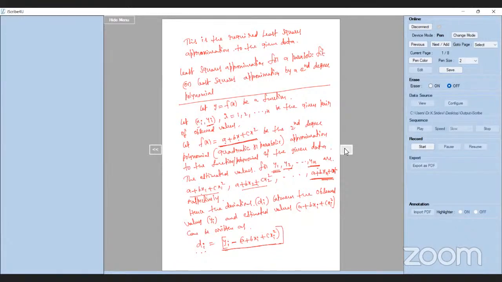If you take square on both sides, then the sum of the squared deviations: first take square and then take the sum of all the values.